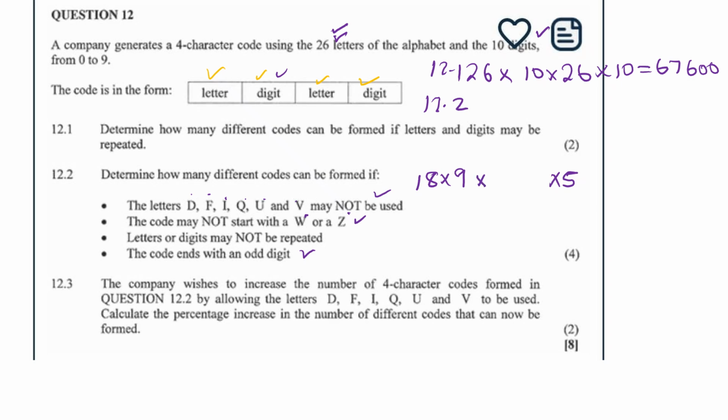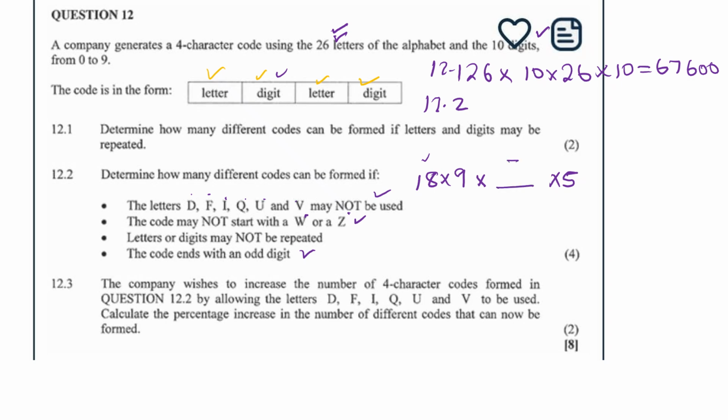Therefore now for the letters, okay, because the code may not start with W or Z, right? And yes, it will not start with W or Z. Therefore onto this space, we have 18 alphabets.